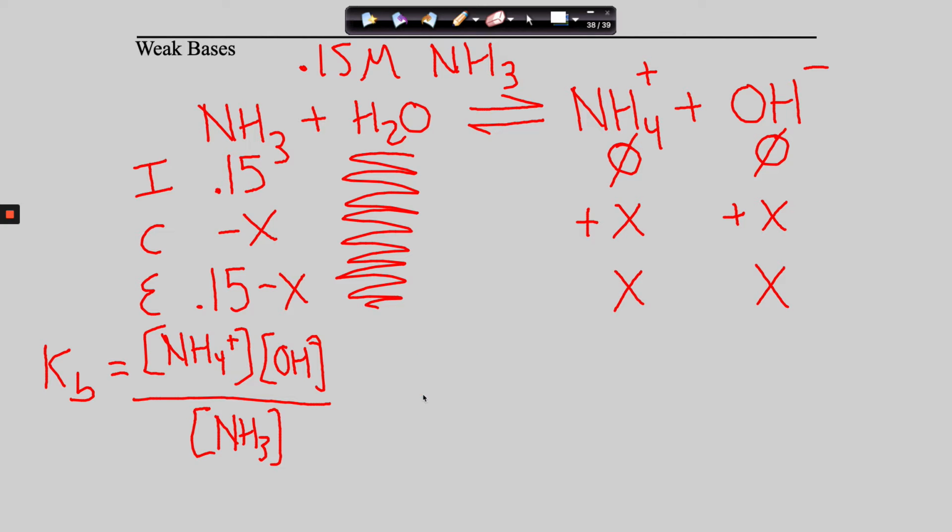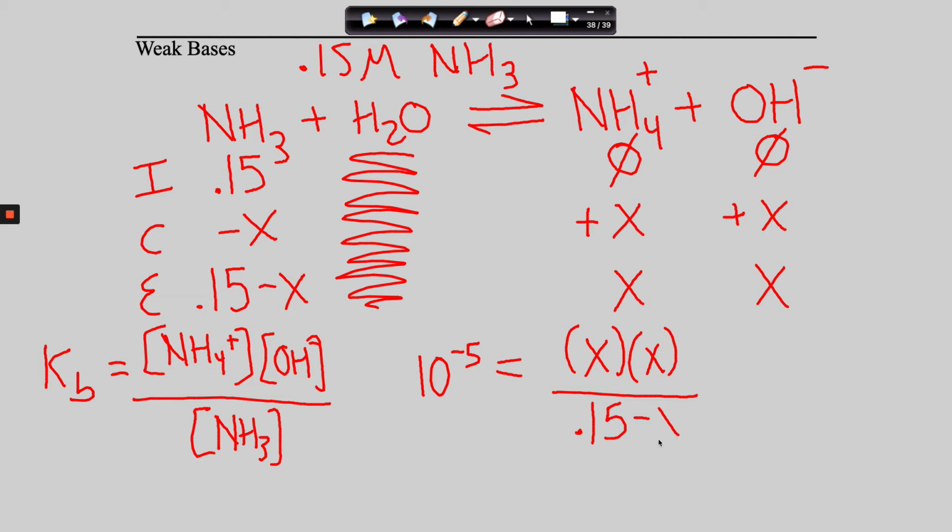It is on the order of 10 to the negative fifth. I don't remember. Well, they would give it to you. Technically, if we were solving this, we would have had to go to the back of the book to look it up. We're not going to do that. But it's on the order of 10 to the negative fifth. Then in the numerator, we have x times x. And in the denominator, we have 0.15 minus x.